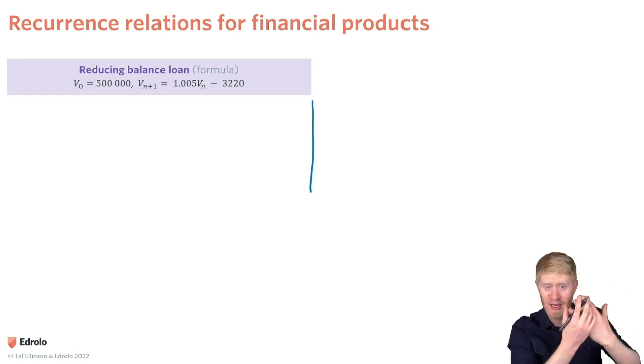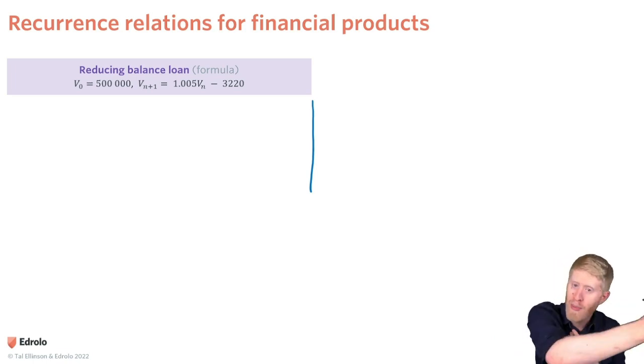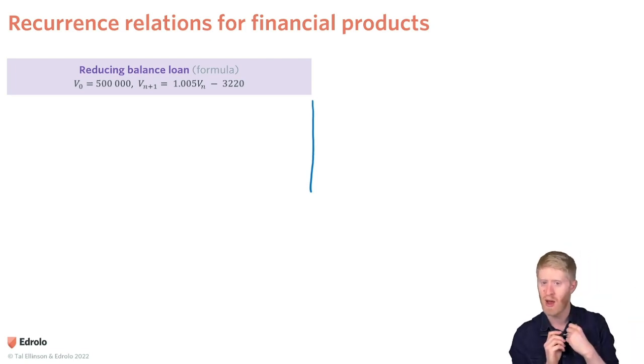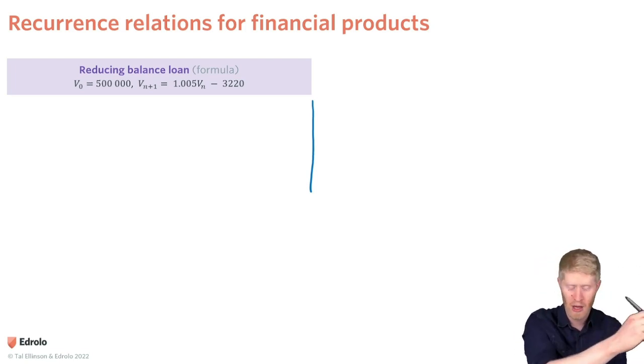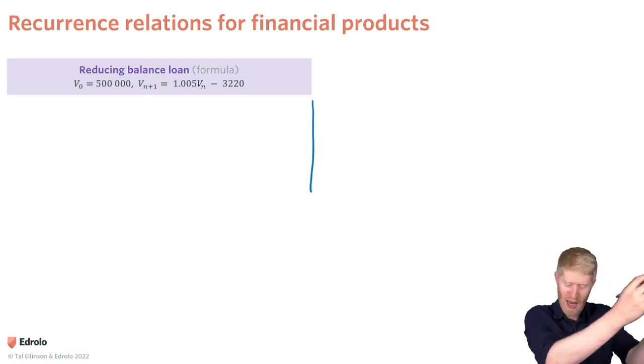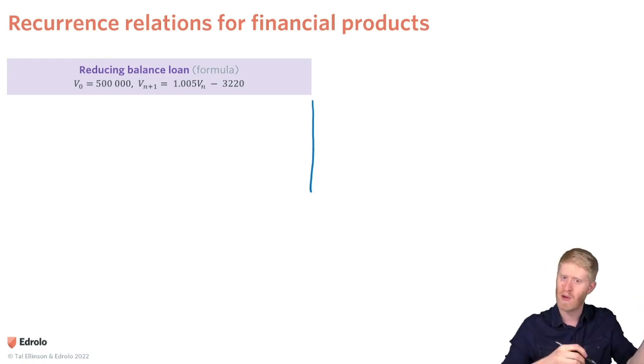This $500K actually comes to me. Yeah, I've got the money, I buy a house. And the payments, I pay to the bank, right? I give it back every month. The payments aren't coming to me in retirement. The payments are going from me to the bank. So that's why the numbers are all the same, because the sum of money that was here is the same as what I gave there, and the payments that were coming this way are the same as the payments that are going that way. It's just the roles are reversed.